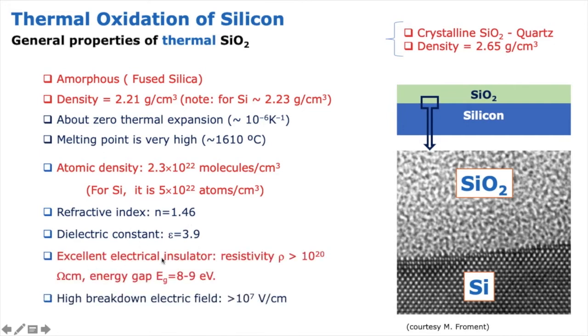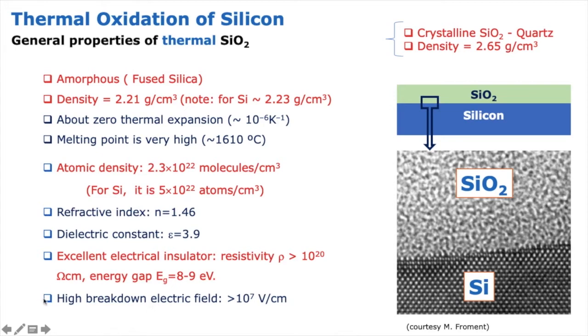It's an excellent electrical insulator. That's very important, because we use a dielectric material, so the resistivity should be very high, right? So 10 to the power 20 ohm centimeter, and it's a dielectric material, so the energy gap is pretty high, 8 to 9 electron volt.